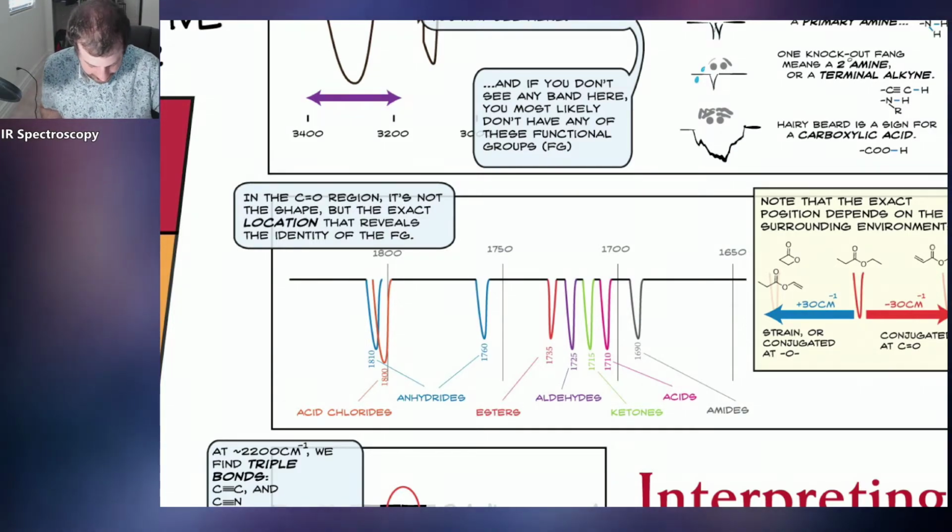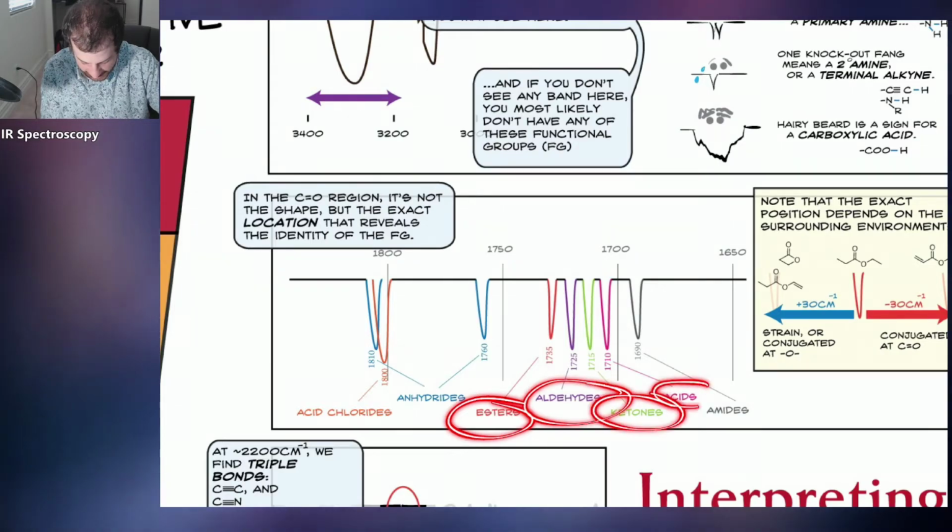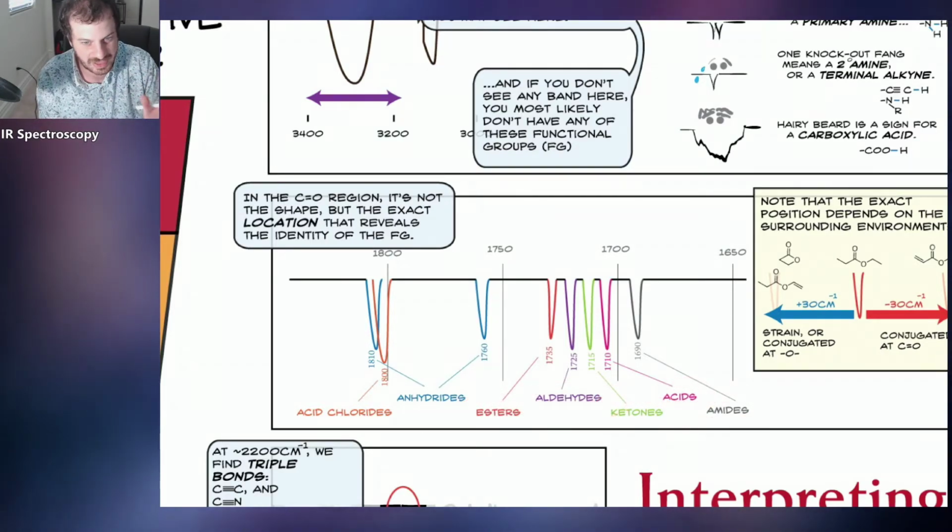CO double bonds exist in a lot of different functional groups. We have CO double bonds in acid chlorides, esters, aldehydes, ketones, acids, and amides, and they all show up at a slightly different area in this region. So if you see a peak in that region, that tells you you have a CO double bond, but you want to look at the exact value and compare it to this chart. And so we'll do that in a second.